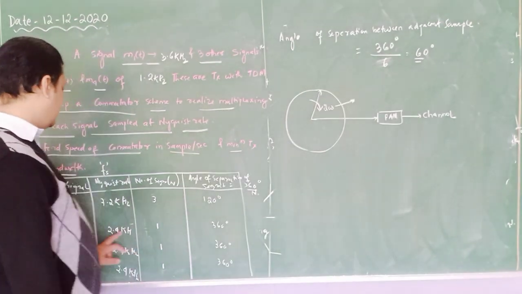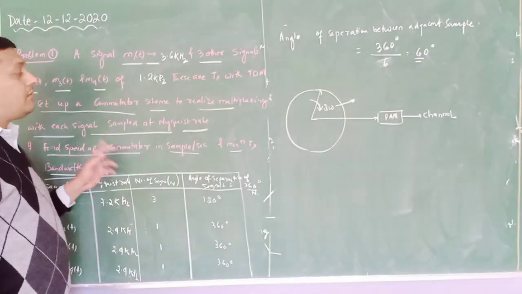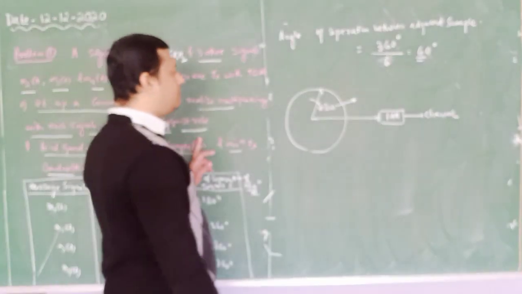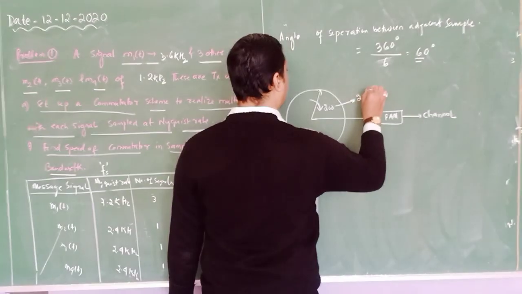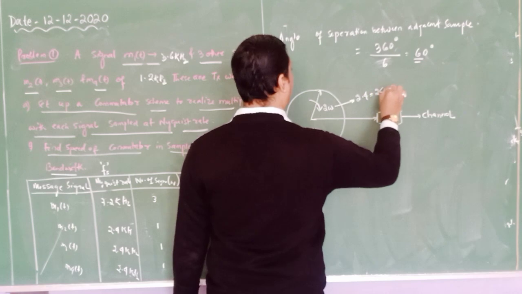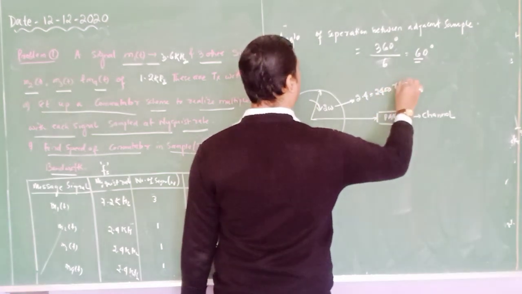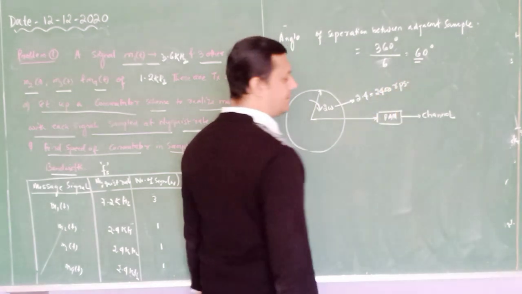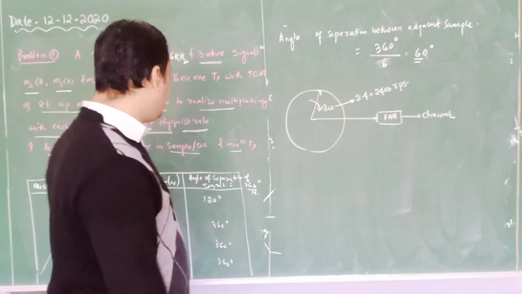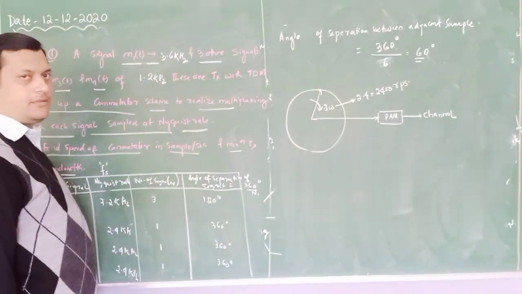What is the minimum? The minimum bandwidth is 1.2. So 1.2 into 2 is 2.4 kilohertz, or you can say 2400 revolutions per second. Okay. Now we need to place the message signals.